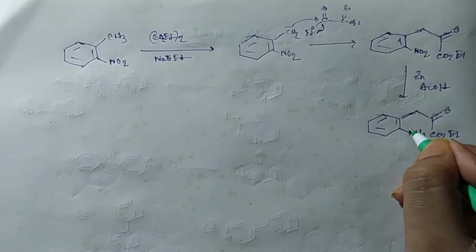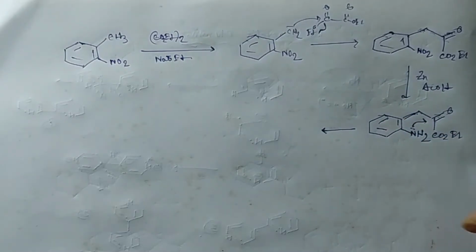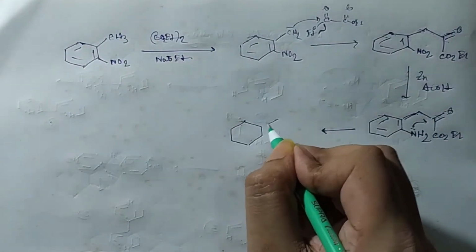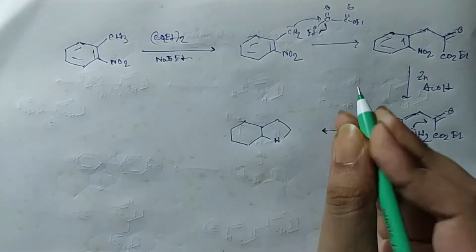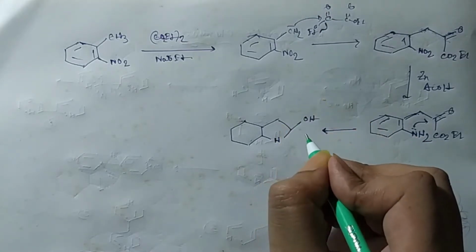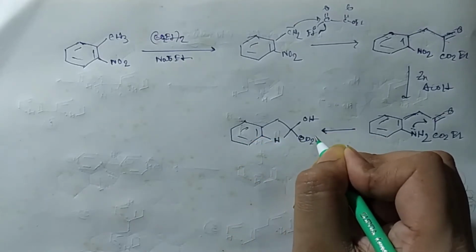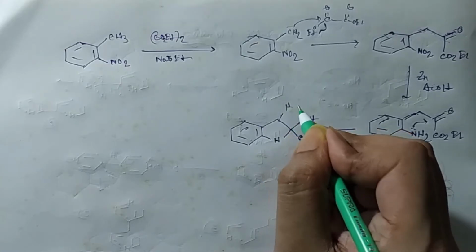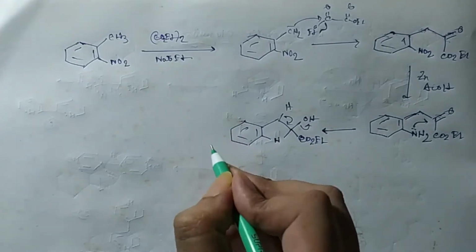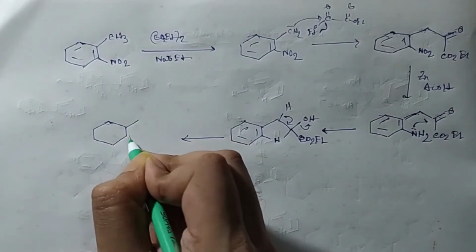Now this NH2 has a tendency to attack at this carbonyl, so you get a cyclized product. Now elimination easily occurs because this proton is very much acidic. This goes here, this gets back, so you get the desired product.